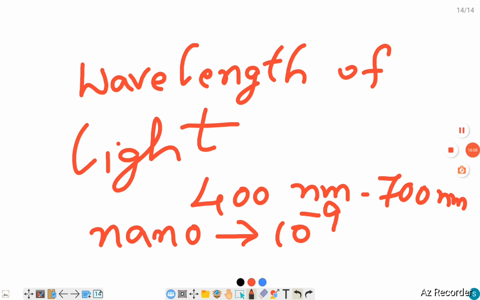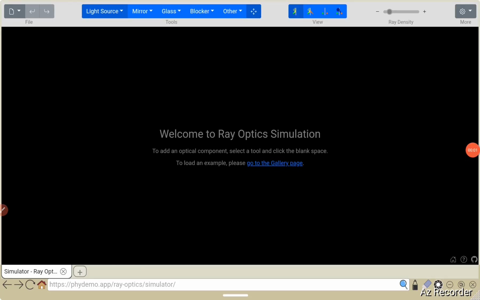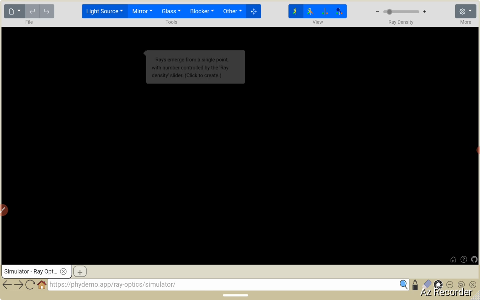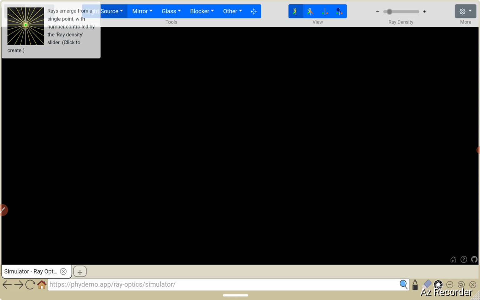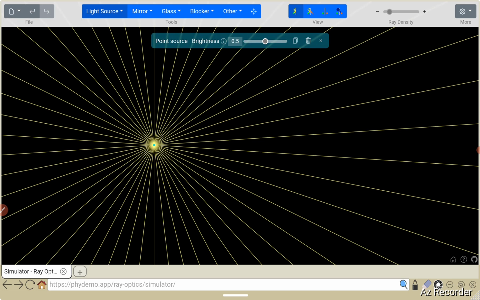Okay. Now in the simulator we will see whatever we have learnt until now. Let's see point source. So point source means it will be a point and it is giving many light rays. Understood? Now here 360 degrees we have light rays.